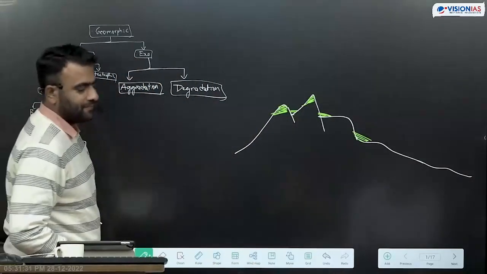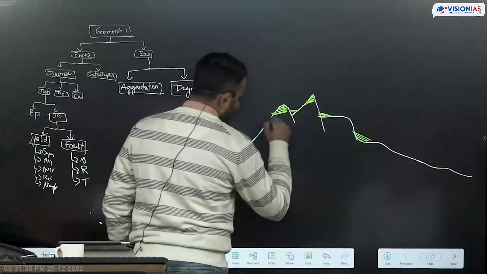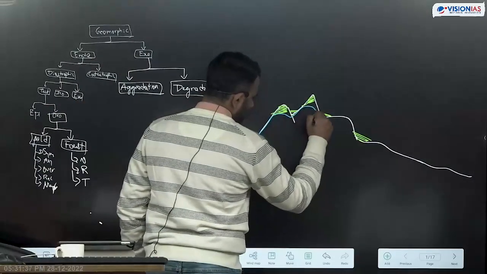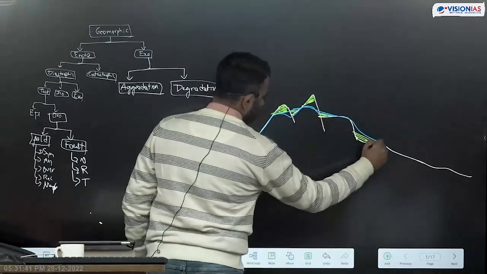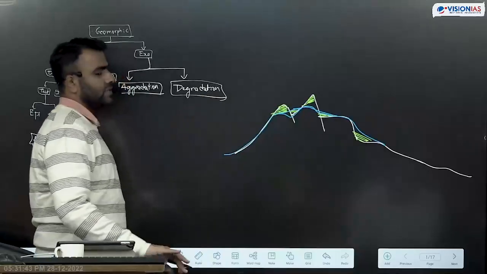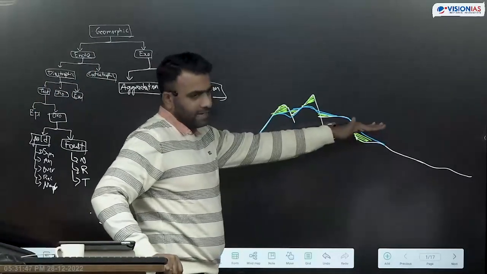So what is happening gradually? Can you see there is a leveling? There is a leveling of land over a period of time.